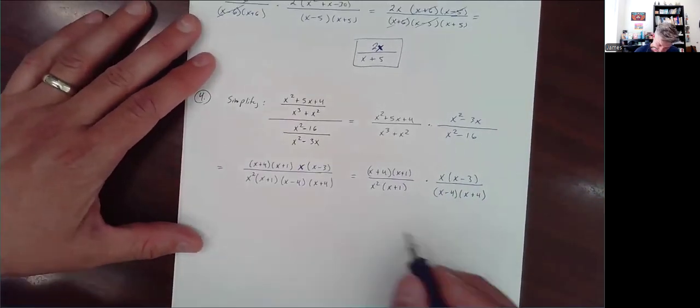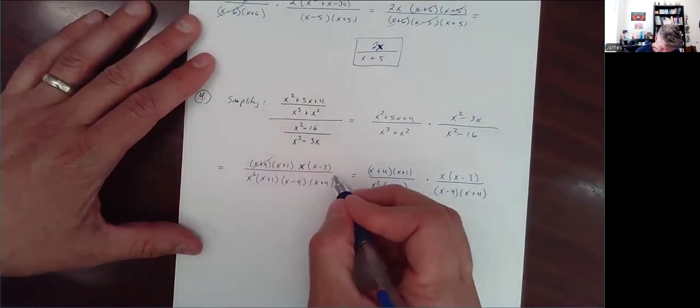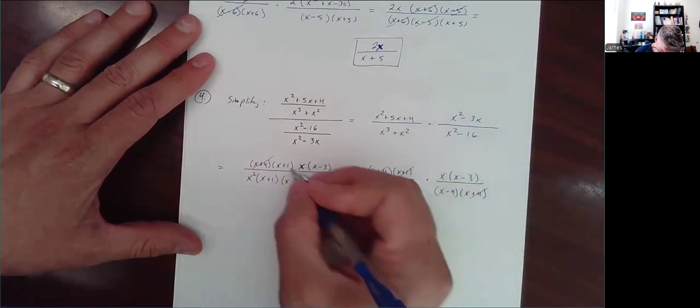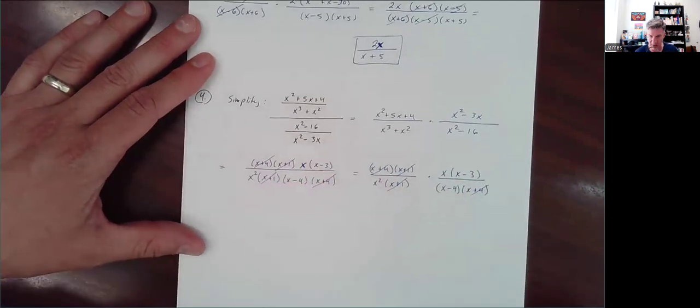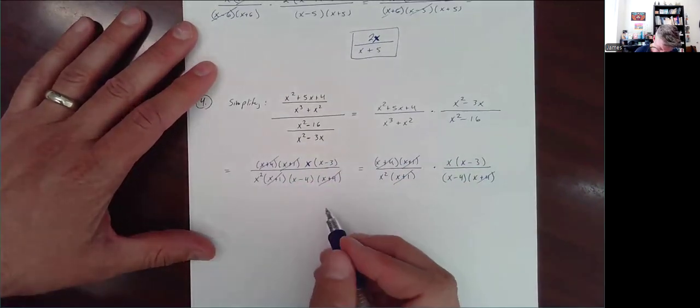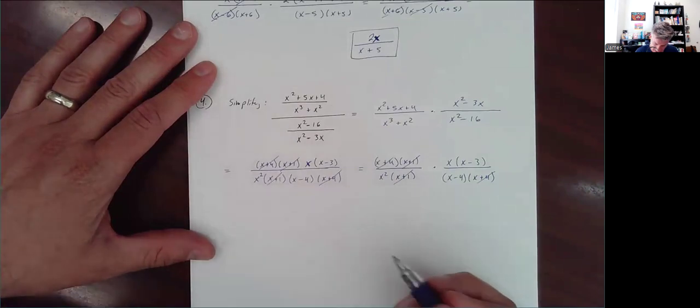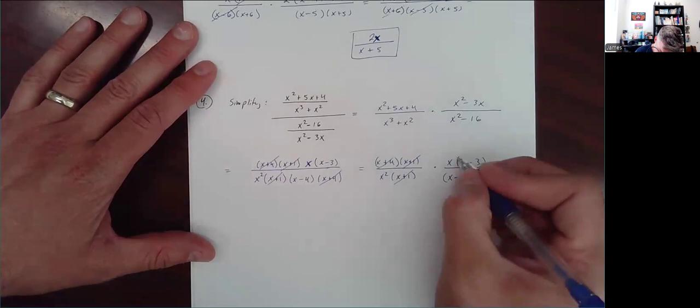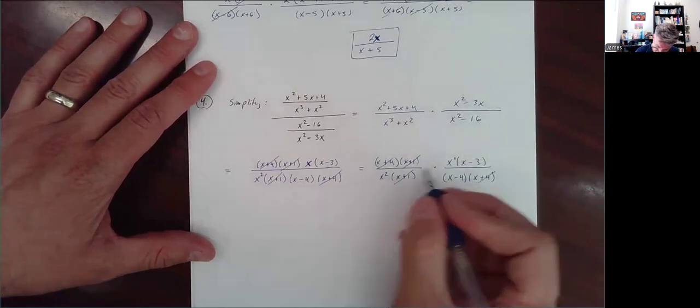And now we can cancel things. So I can cancel the x plus 4s, or divide the x plus 4s to 1. The x plus 1s also divide to 1. I'm doing it in both spots. Doesn't really matter where I do it. And then lastly, x over x squared, I can essentially divide one of those away and be left with just an x in the denominator. Or if you prefer, x to the first divided by x to the second.